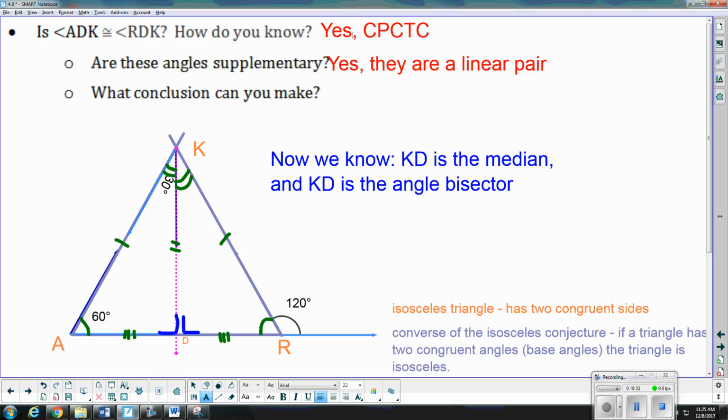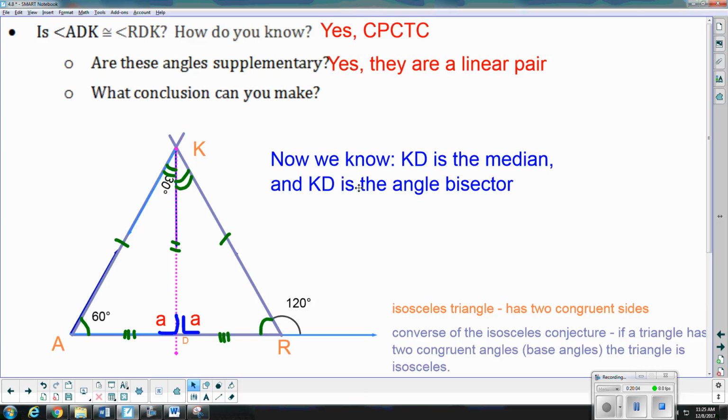So now that we know that they're congruent and they're a linear pair, we know that they add up to 180. So let's call it angle A, for example. So if this is angle A and the other one is angle A, because they're the same, they have the same measure.